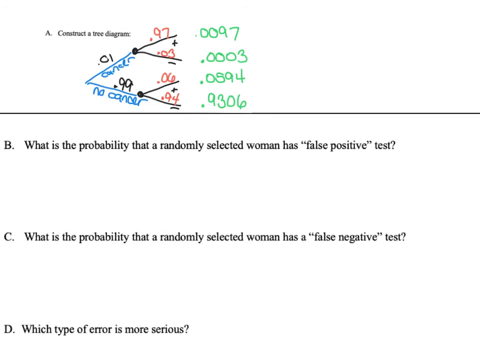Well, in proper notation, that would be the probability that you have no cancer, intersected with, it says that you do, so positive. Here's my joint probability over here on the end. We already know from my tree diagram, it's 0.0594.